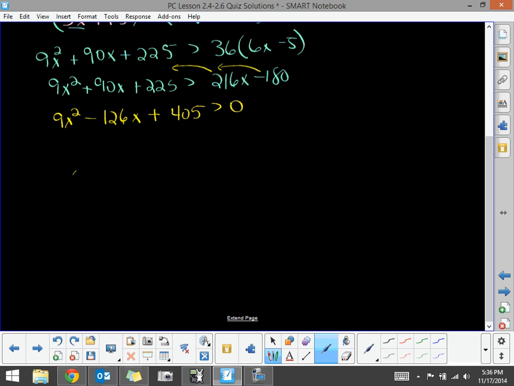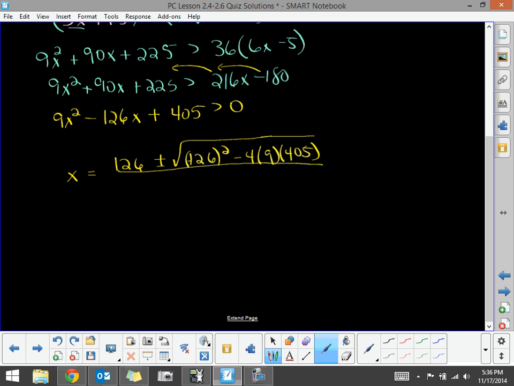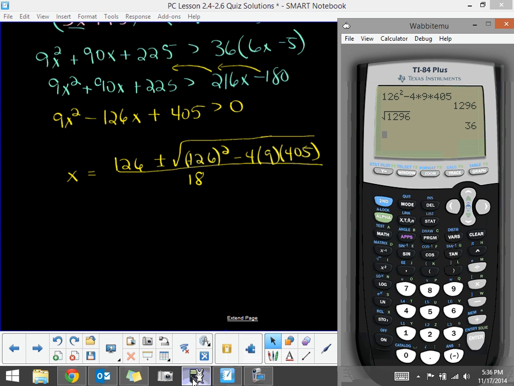So that means we can find the values of x if we take 126, the opposite of b, plus or minus the square root of negative 126 squared, minus 4 times 9 times 405. So we're looking at some decent sized numbers here. All divided by 2 times a, which is 18. So I went ahead and did some of those calculations to speed this process up a little bit.